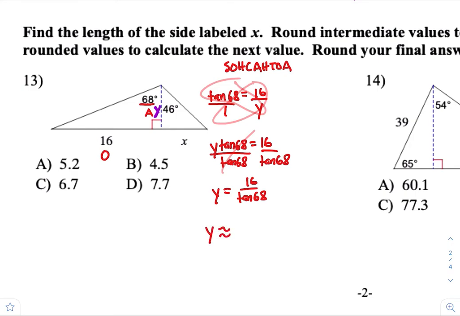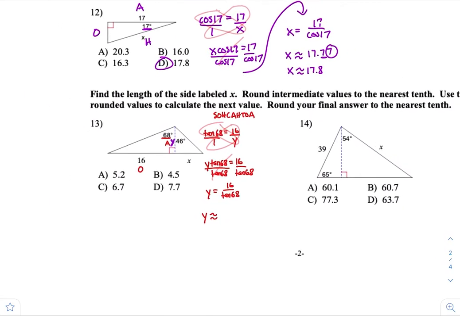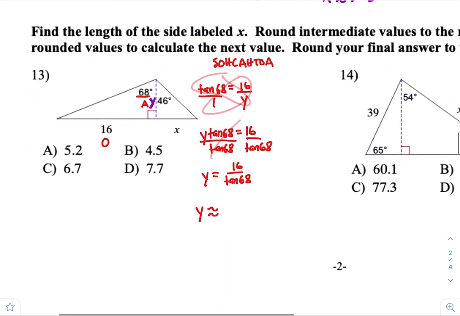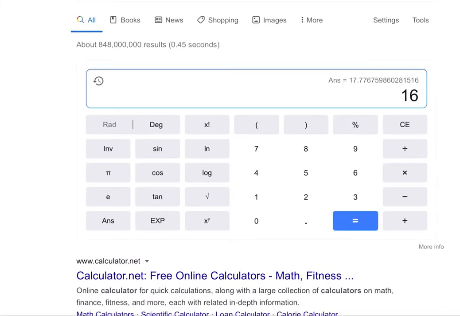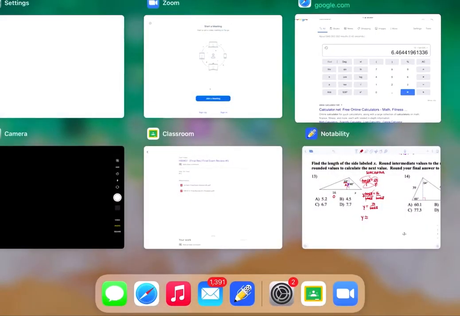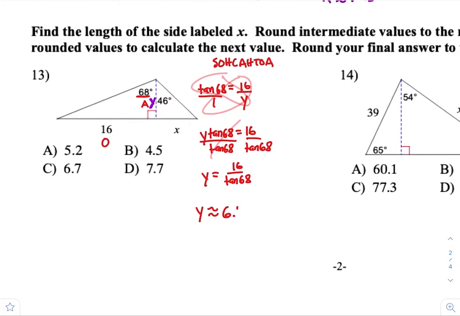So in your calculator, and it says round to the nearest tenth, 16 divided by tan of 68, 6.46. But we're rounding to the nearest tenth, so this 6 tells us to round up, so y is 6.5 around.